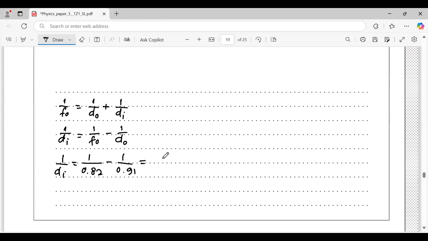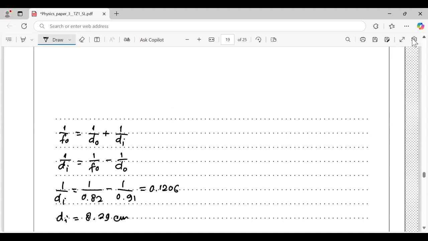If you calculate this fraction, it gives 0.1206, that is 1 over the image distance. That means the image distance equals 8.29 centimeters from the objective lens. All right, so 8.29 centimeters from the objective lens.